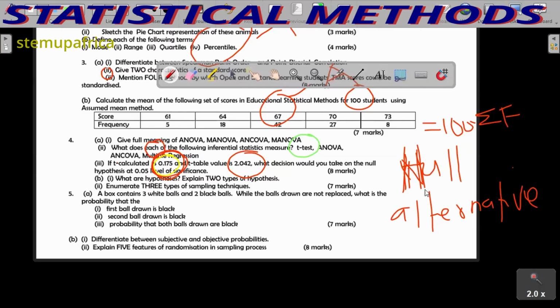They have two types, the null and alternative hypothesis.